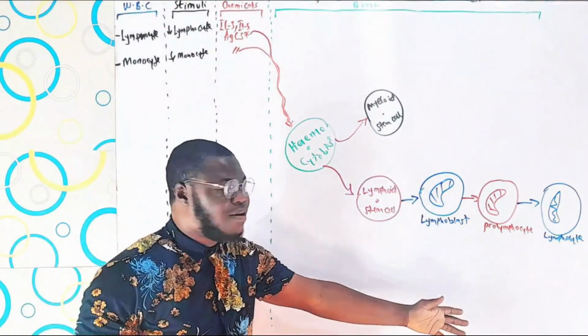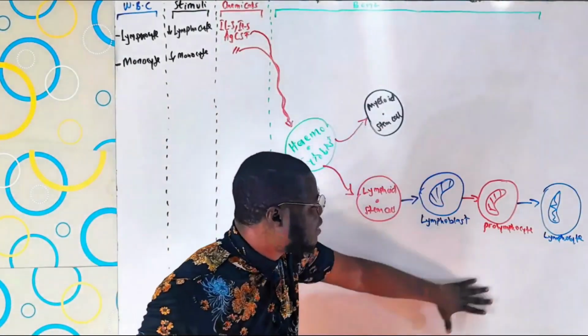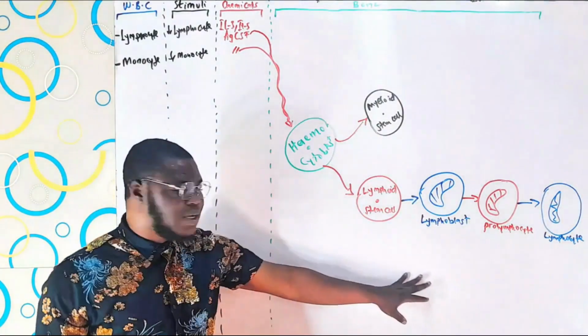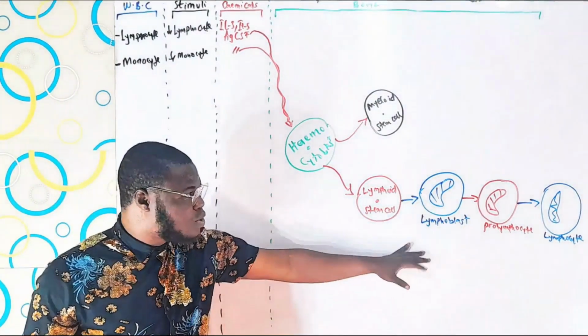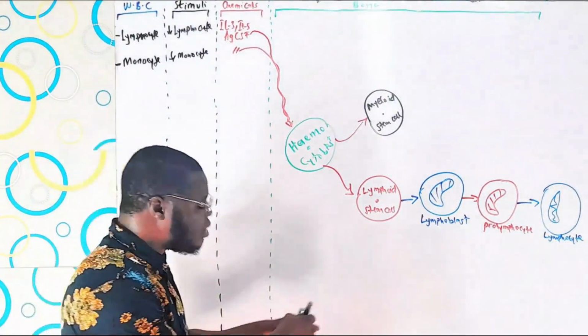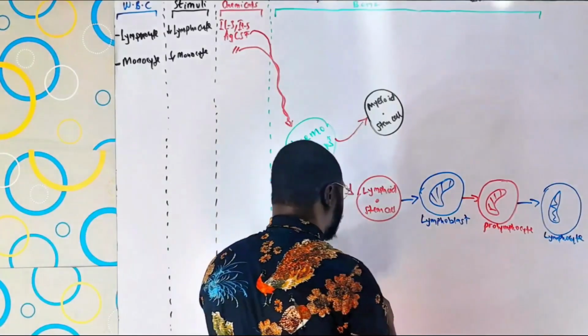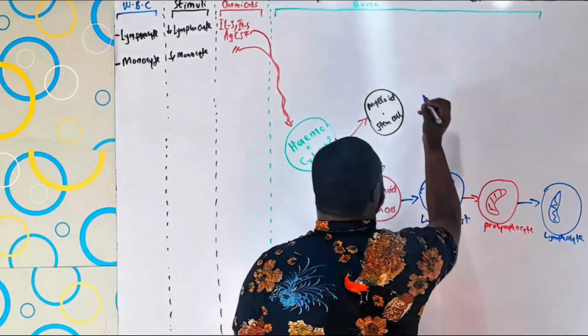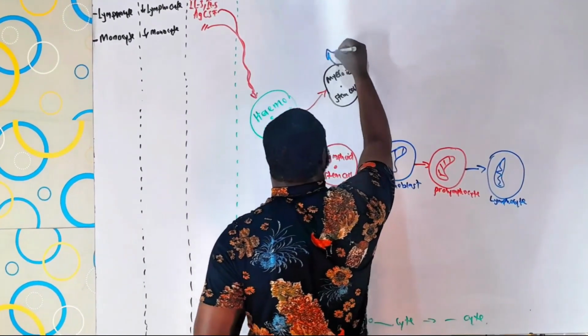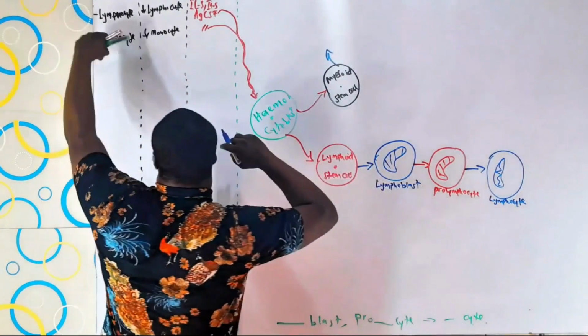Now, when we have the myeloid stem cell, what will it divide to? Remember, everything happening inside this place is happening inside the bone, so the production is occurring within the bone marrow. Every space you can find there, we assume it to be the bone. The myeloid stem cell is going to divide to a new cell. So now, we want to form a monocyte.